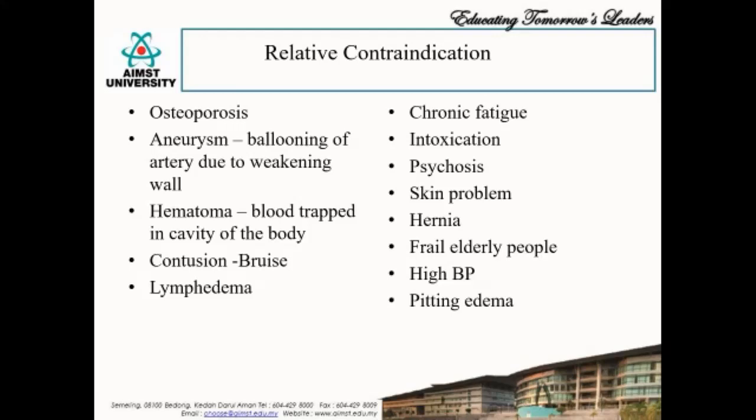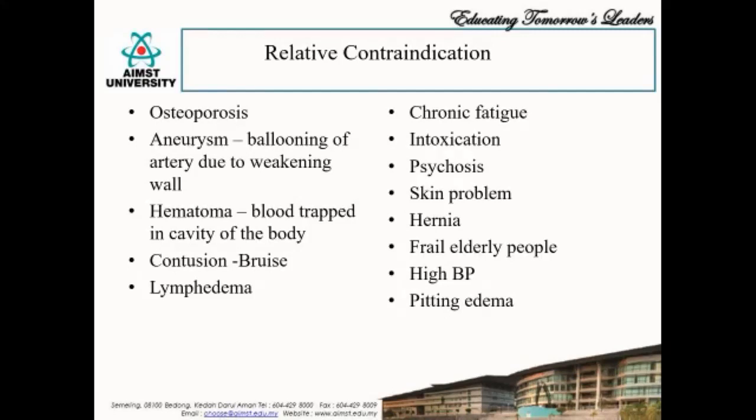Next is lymphedema. Lymphedema is a condition, or a disease, that is caused by a lymphatic problem. In our body we have something called the lymphatic system. The waste fluids will be running in the body, and they get out through lymphatic drainage.